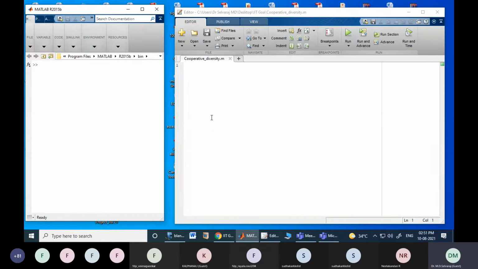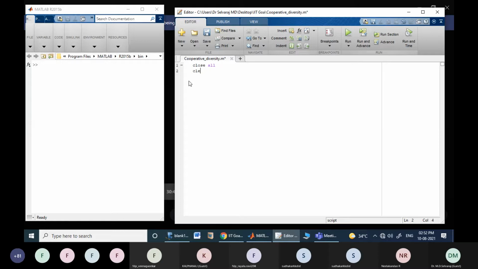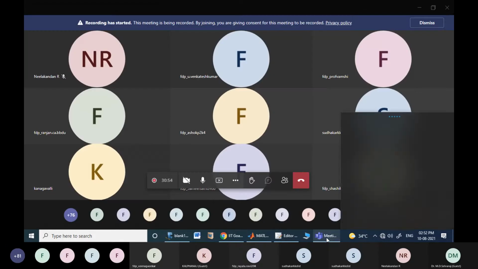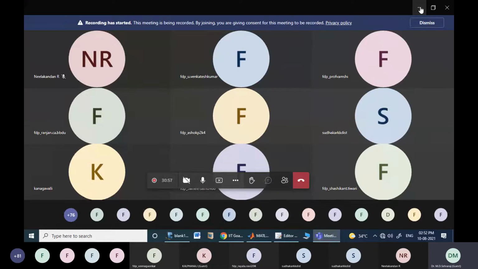Okay, this is my MATLAB. I'm going to take this MATLAB thing. So, is my MATLAB screen visible?